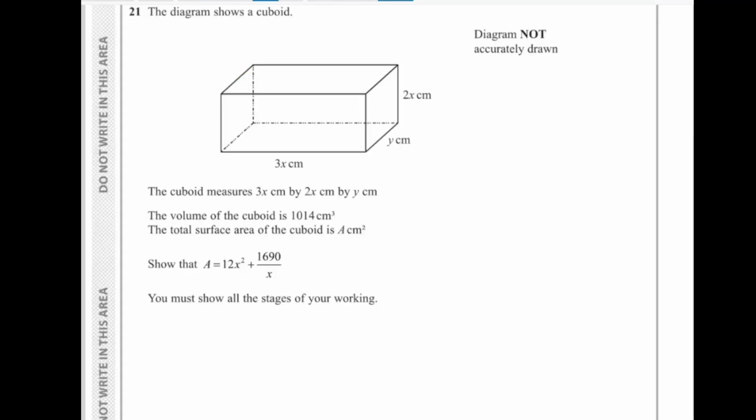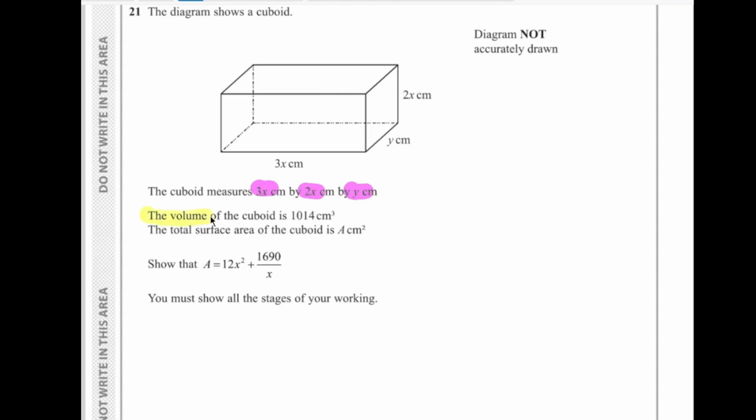Question 21. Under mensuration, the question says, the diagram shows a cuboid. The cuboid measures 3x centimeters by 2x centimeters by y centimeters. The volume of the cuboid is 1014.